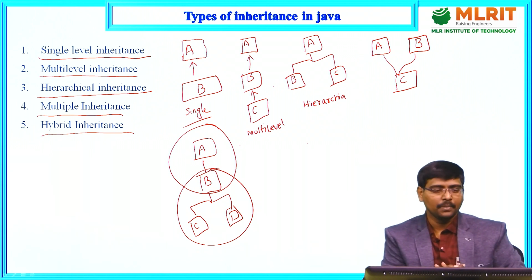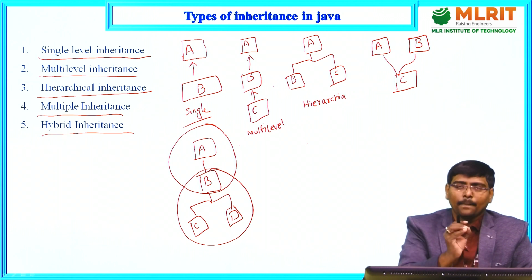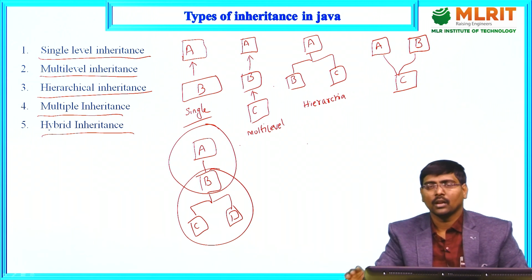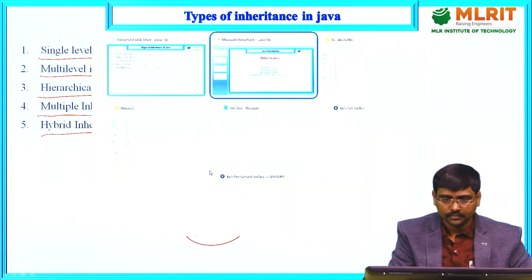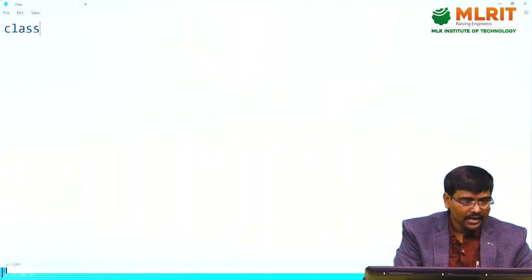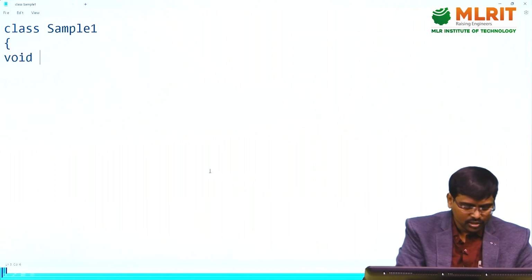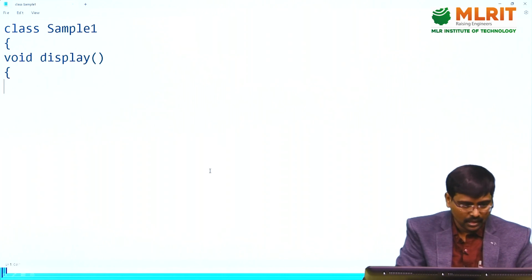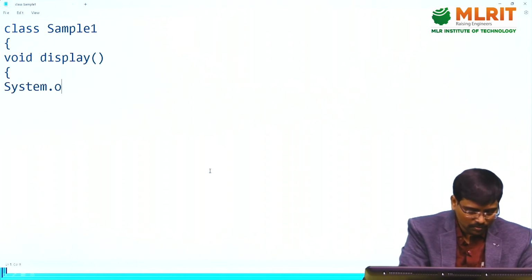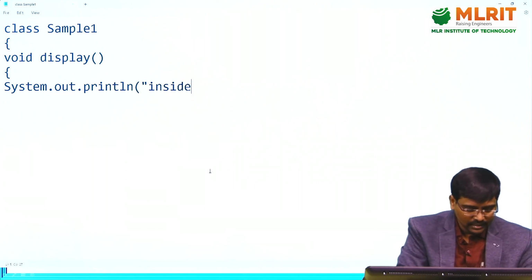That is hybrid inheritance. Now we will discuss the same thing by considering one example program. Then you will get an idea of how we extract the properties. Now create one class, sample1. Within this class, I will write one method, void display, with System.out.println inside.